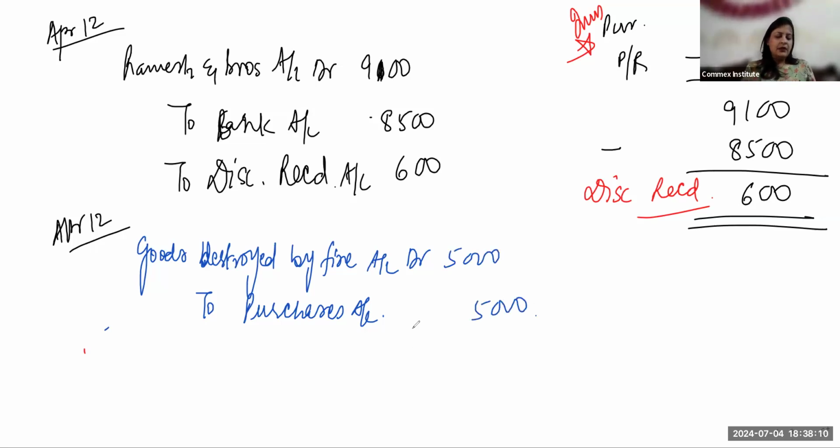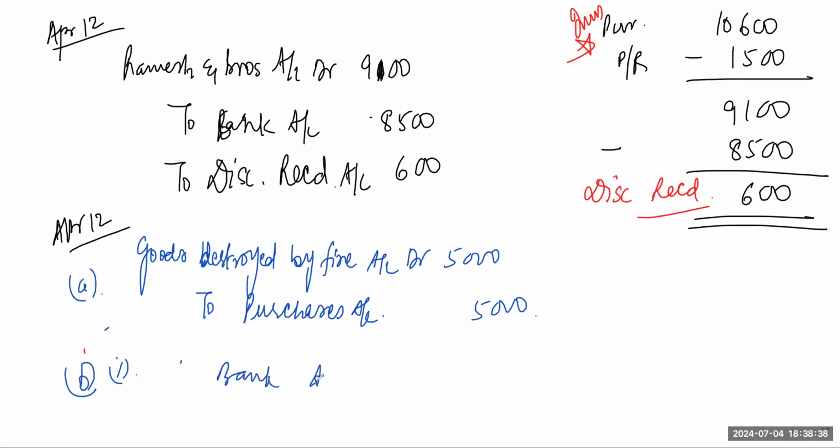And then the insurance company paid the claim. So the second entry would be, here you would first have to give the claim to the insurance company, and then they'll pay. Or you can put it directly, cash account debit or bank account debit rather. Right, Navya? So for the insurance company, we're passing the entry through bank account.